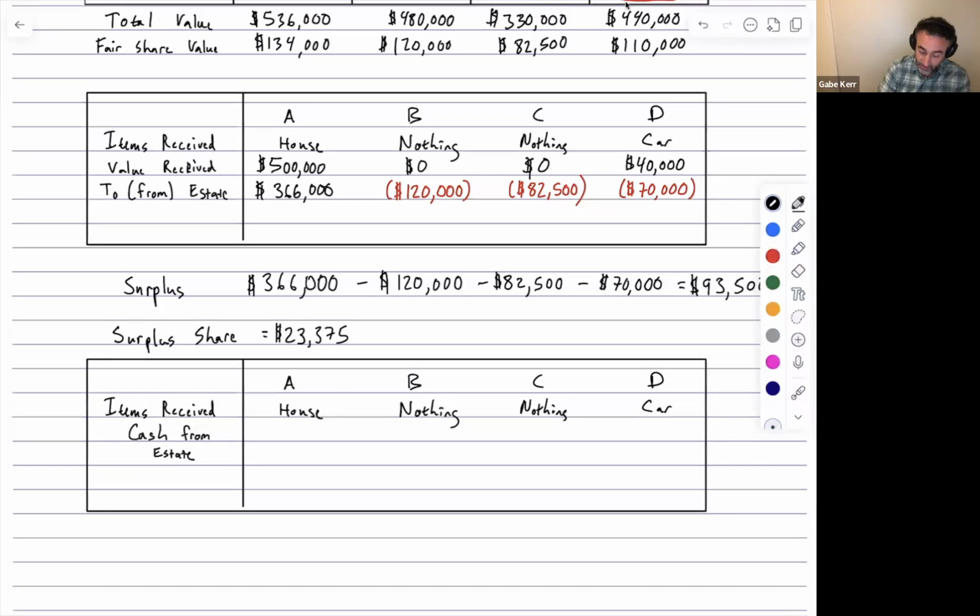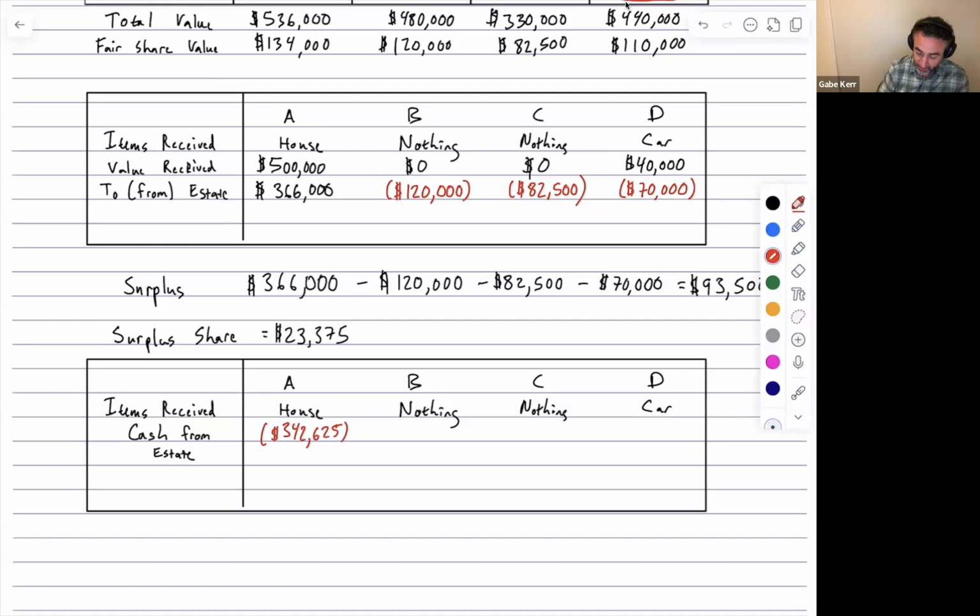Player A received the house, had to pay $366,000 in the initial settlement, but then received their surplus share of $23,375. So they will have to pay the difference, not $366,000, but rather 366,000 less the surplus share, and that comes to $342,625.